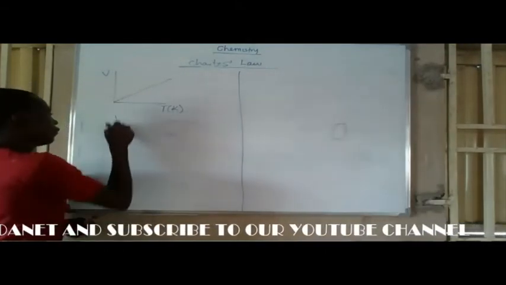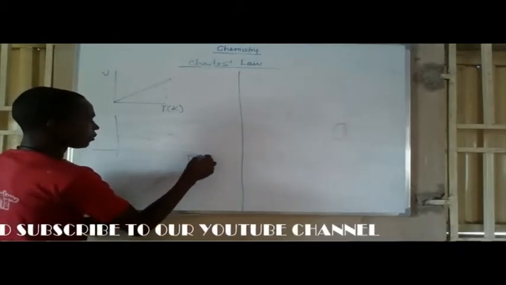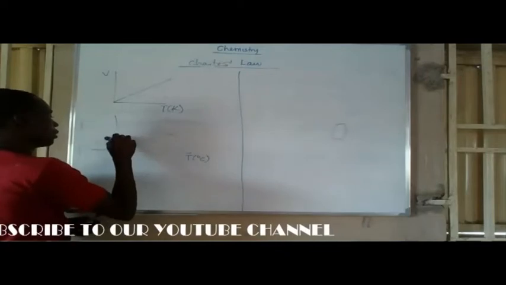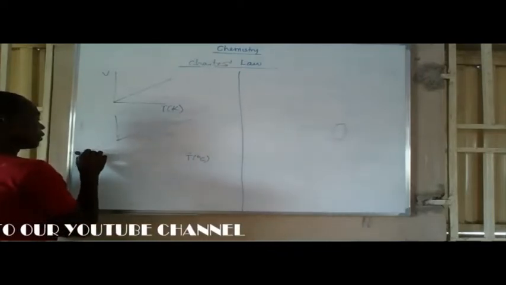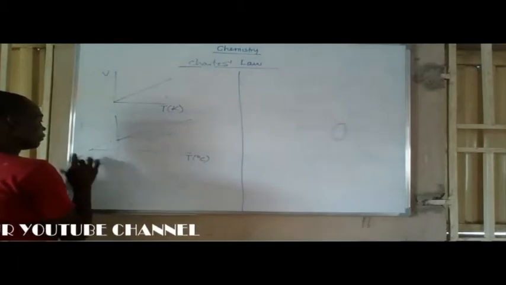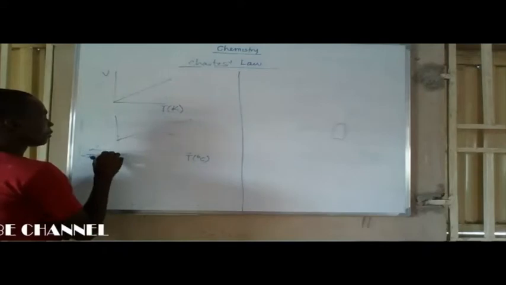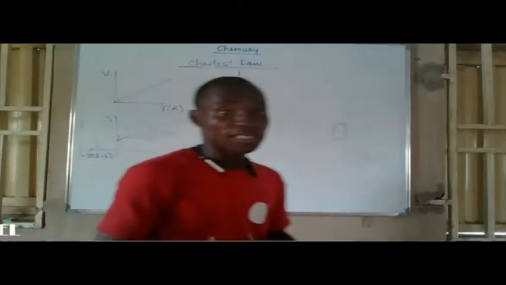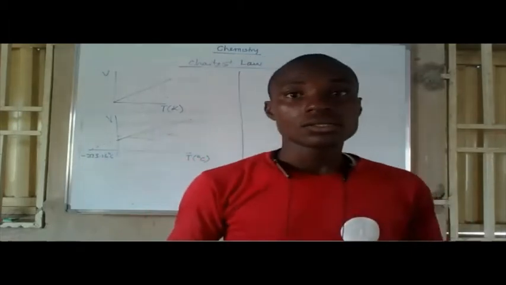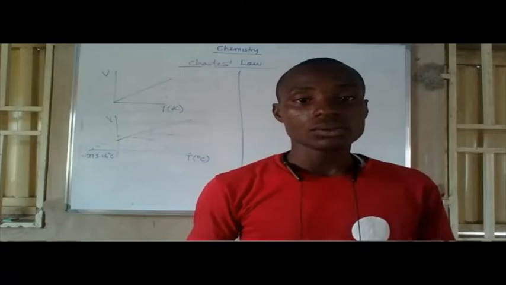If it is volume versus temperature in Celsius, you're going to have a graph that goes more or less like this, where this is going to be negative 273.16 degrees Celsius. You're going to have a graph of this particular format, so to speak.